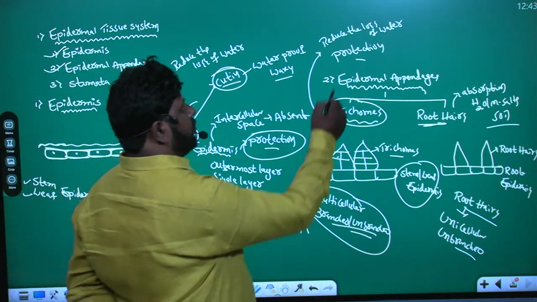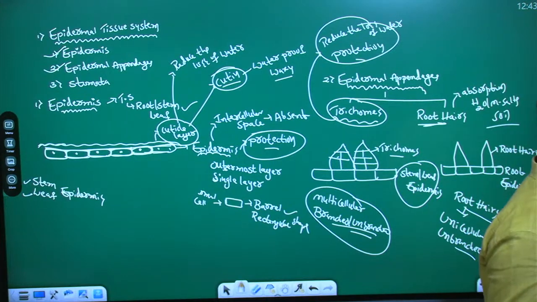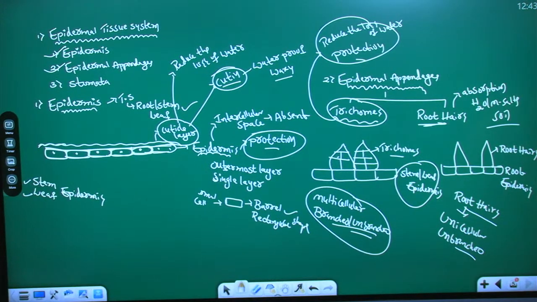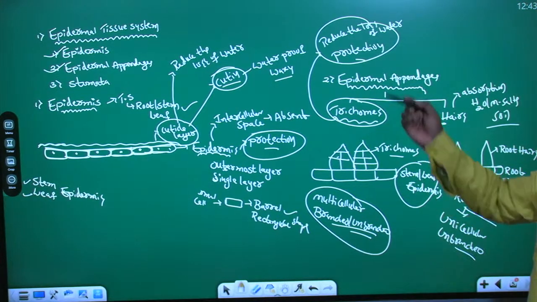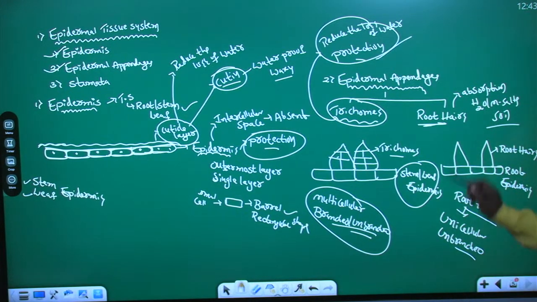What is the function of trichome? It reduces the loss of water, or the rate of transpiration, and also participates in protection. And what is the function of root hair? Root hair plays an important role in the absorption of water and mineral salts.